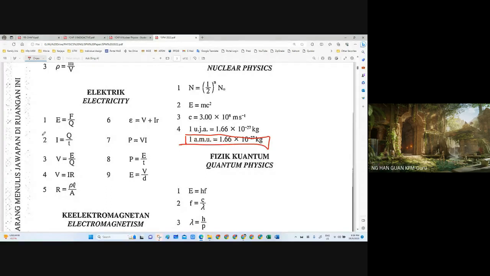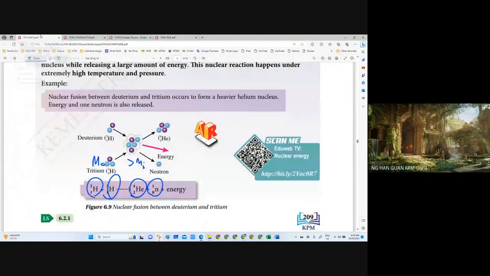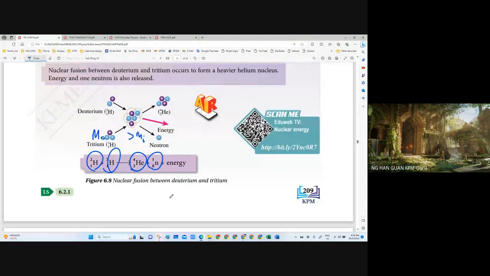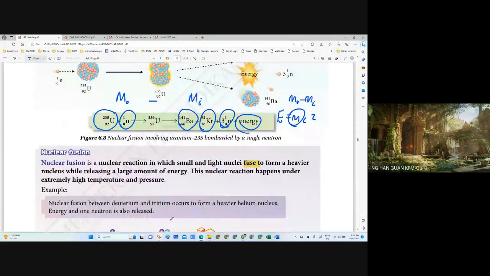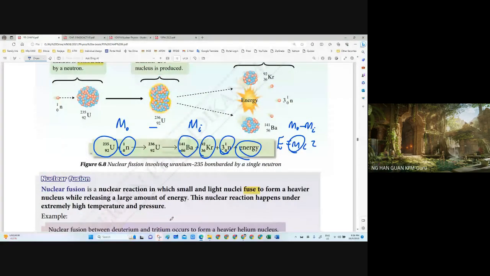So what you need to do is find the mass defect in AMU first. Once you get how much the mass defect is in AMU, then only convert it into kilograms by multiplying by 1.66 times 10 to the power of negative 27. You don't need to change each one from AMU into kilogram, into kilogram, into kilogram.